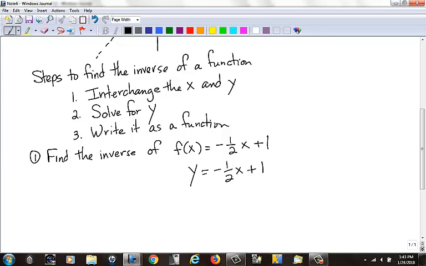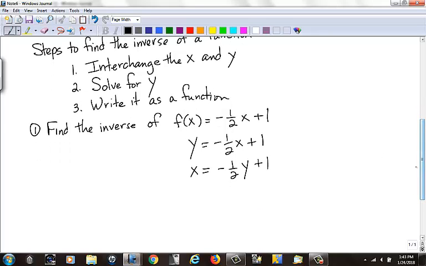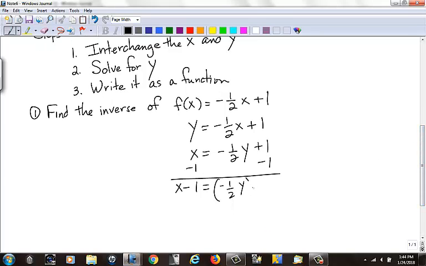Okay, now interchange the x and y. So make this an x, make this one a y. Now solve for y. Get y by itself. So I can subtract 1, multiply by negative 2 on both sides.